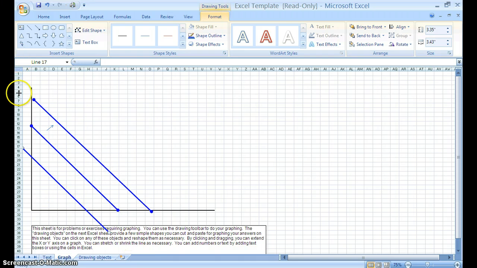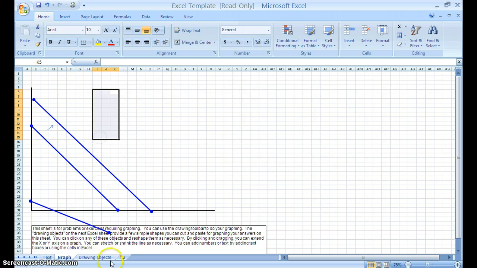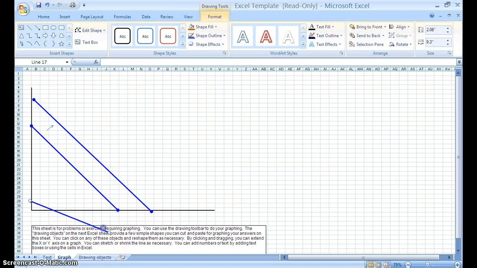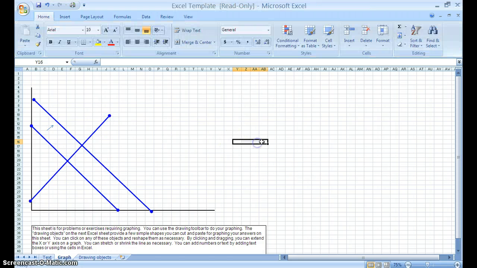And let's make a supply line. Okay, so now let's say the supply stayed the same. That the increase in advertising doesn't change the supplier's willingness to supply the product at a certain price. So the supply line stays the same.